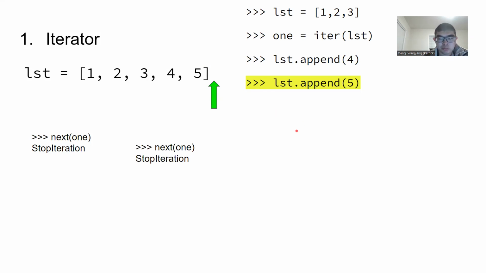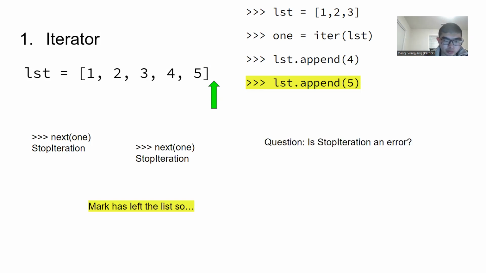The bookmark will not loop through that anymore. But you can create another bookmark though. So the bookmark has left the list, and you will not have a return of 5.